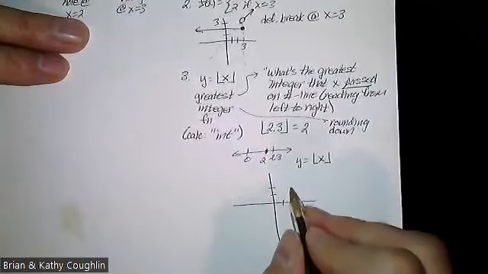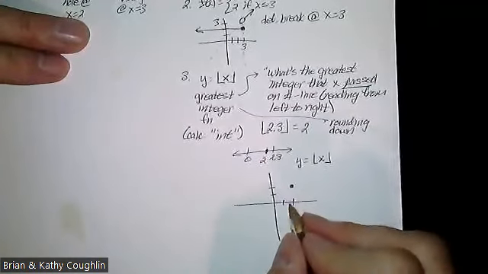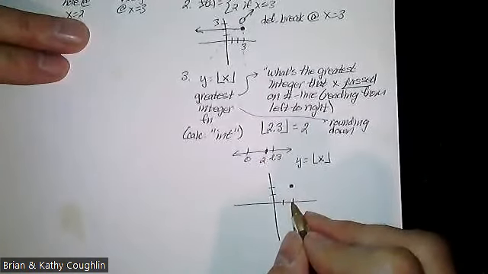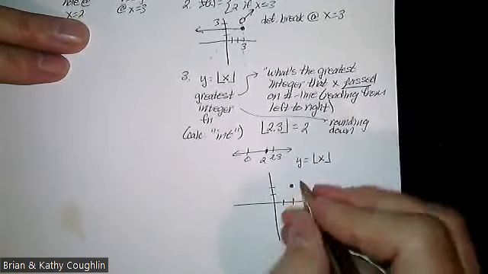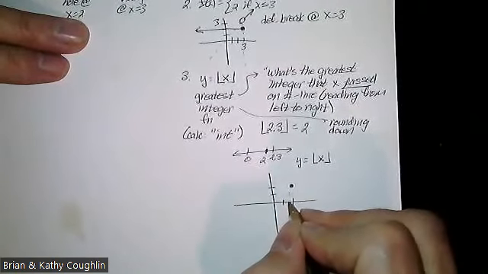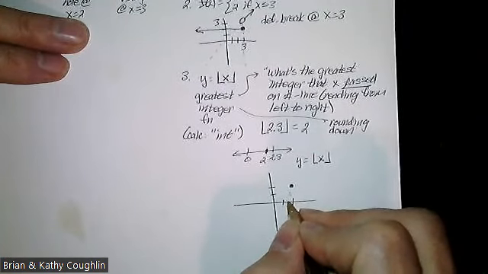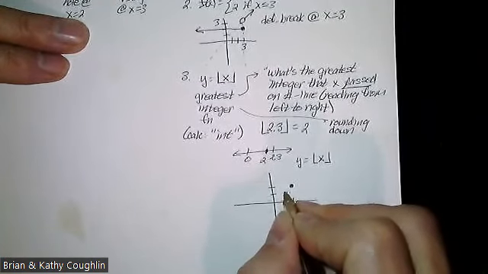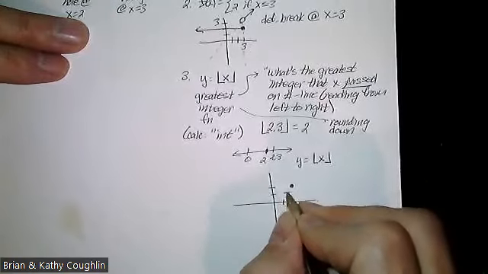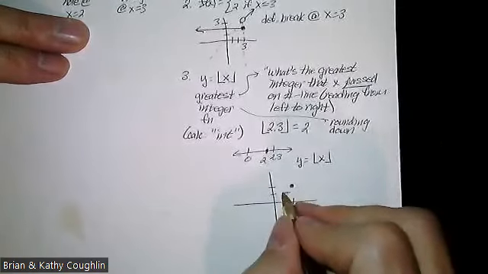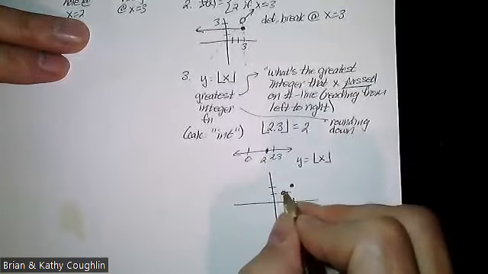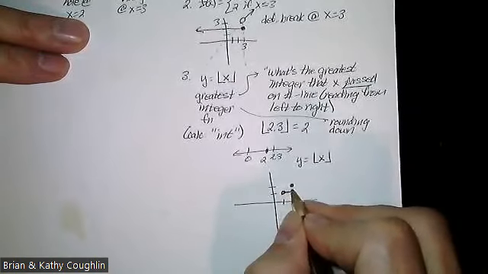If x is 2, y is 2. If x is 1.9, that rounds down to 1. 1.8 is still 1. 1.7 is still 1. 1.6 is still 1. 1.5, 1.4, all the way down to 1. So it looks like this.